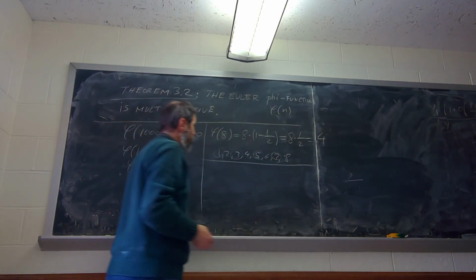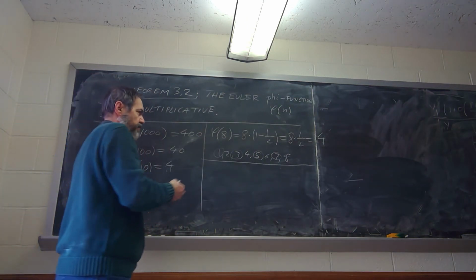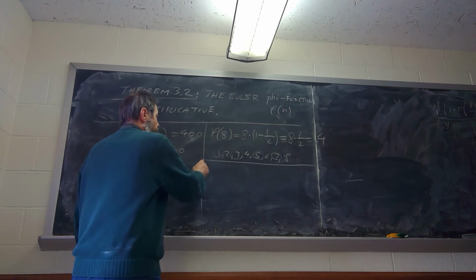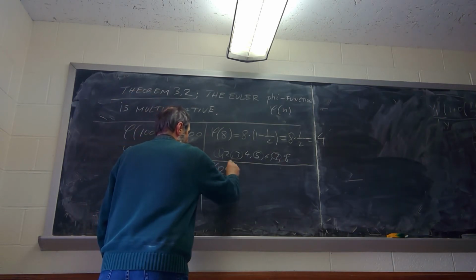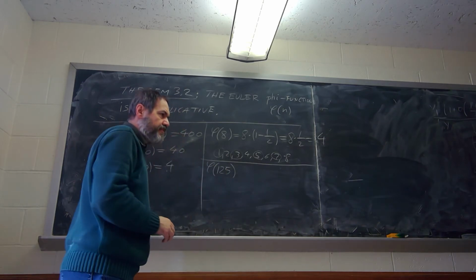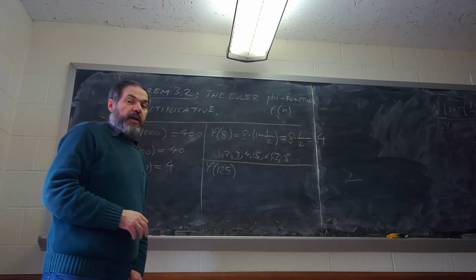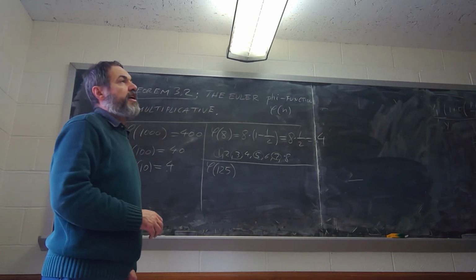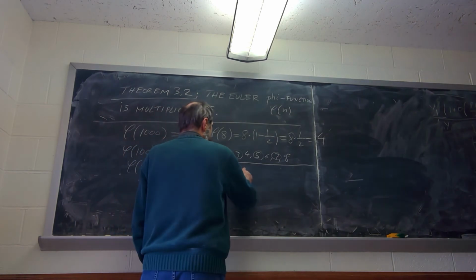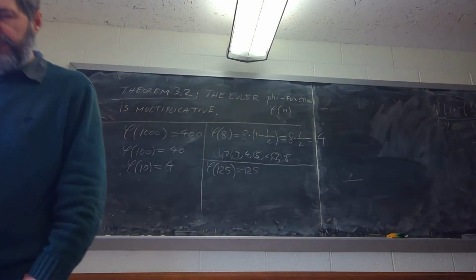In general, for a prime power, we can do this by definition immediately. For instance, what is the Euler function computed at 125? If I am to do it by definition, I count all the numbers from 1 to 125.